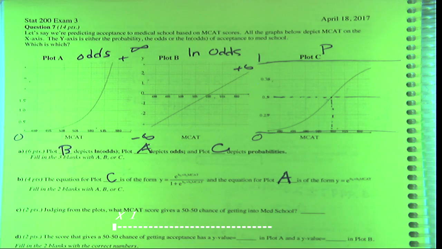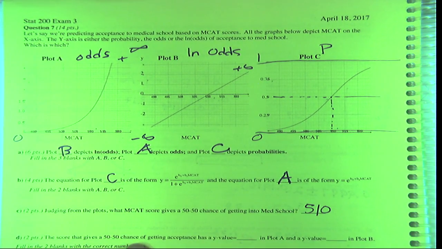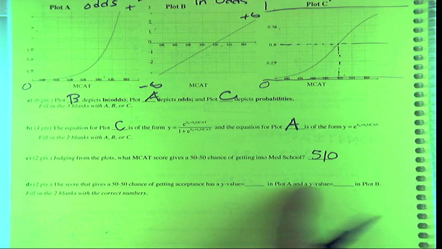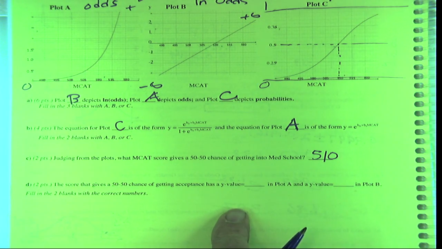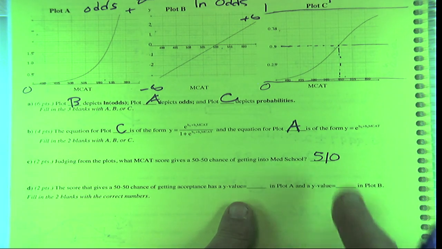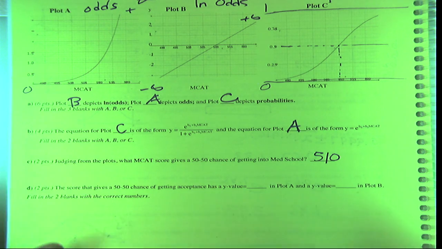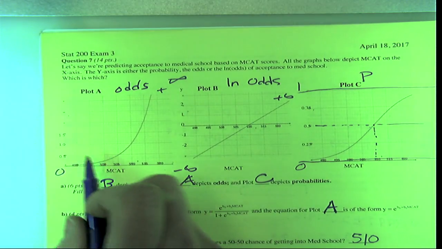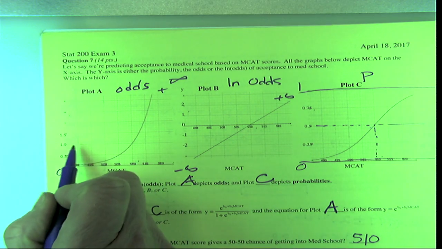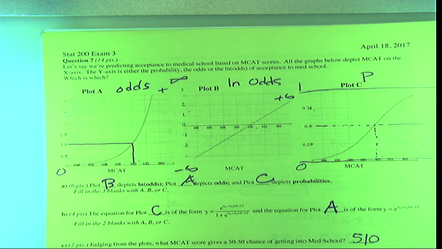Let's go out again. The score that gives a 50-50 chance of getting accepted has a y value of what in the other plots? Well, a probability of 0.5 is the same as odds 1 to 1. So we can look on this one, that's my odds of 1. This one's kind of easier to read, that's 510. They should all agree.